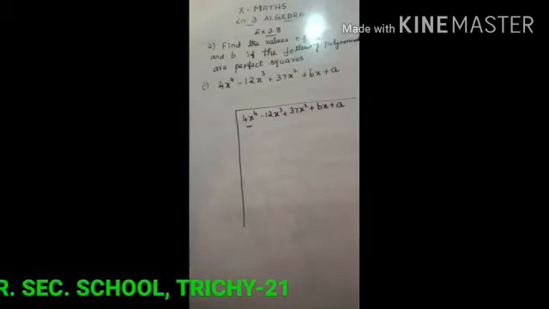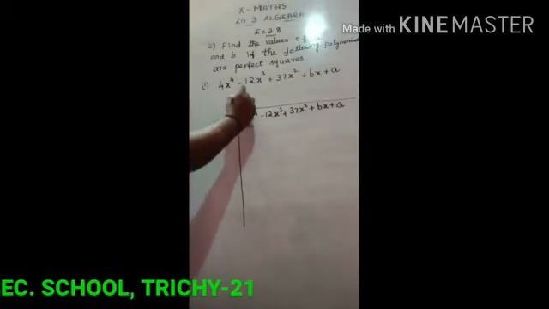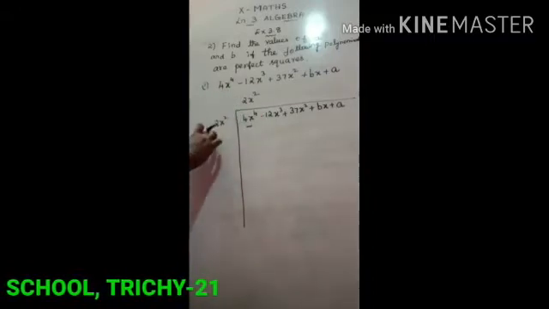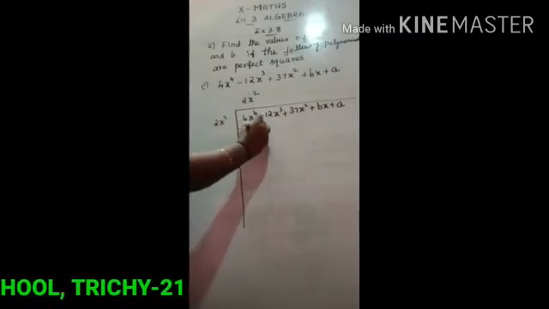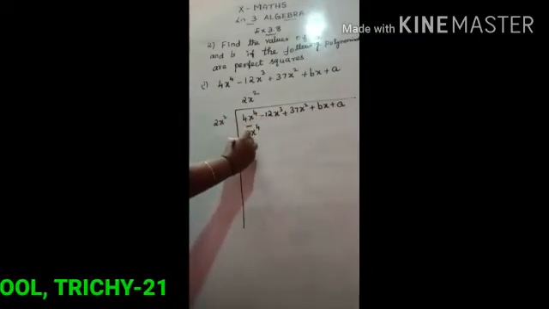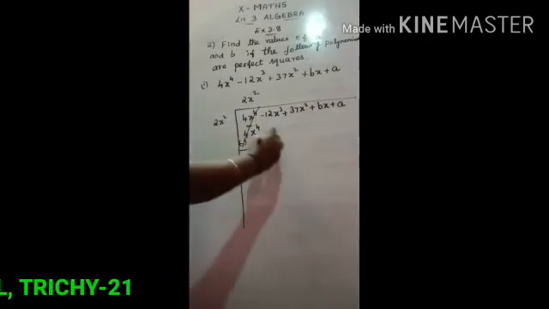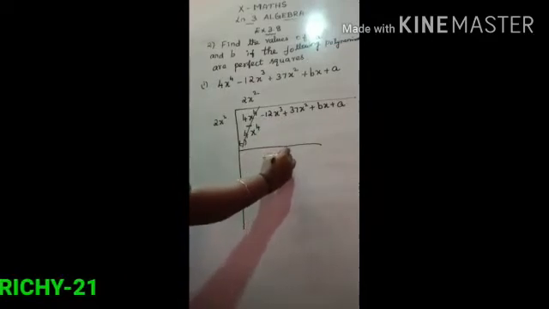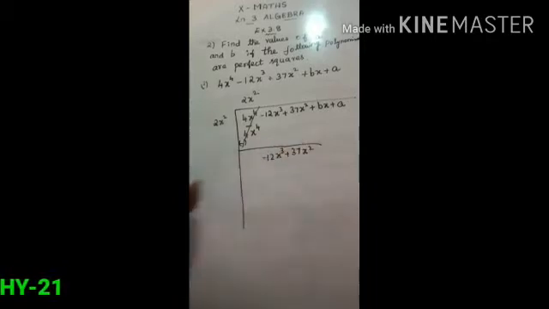The square root of 4x power 4 is 2x square. Then multiply the two terms, 2x square times 2x square, we have 4x power 4. Then change the sign, this one cancels. Write the next two terms, minus 12x cube plus 37x square.